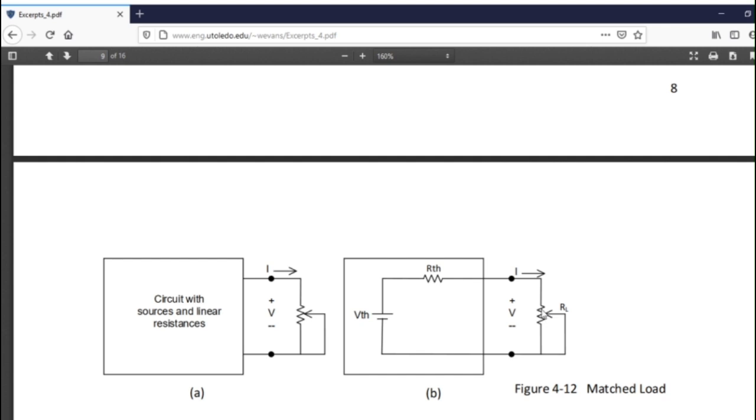And many times it says match to 3 ohms or 8 ohms or whatever. But you have to match the ohms here to the ohms here, and that gives you the most bang for your buck, or the most power out. So the matched load gives me the best output of my circuit, and that's why this is important. Okay.